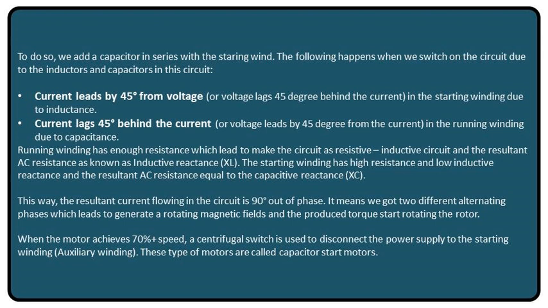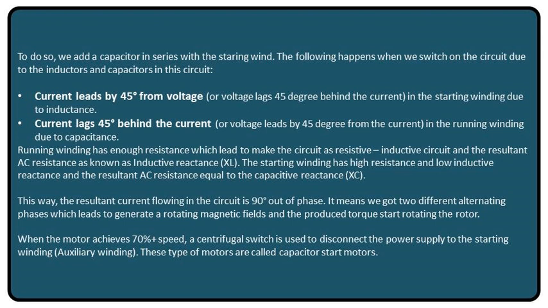The starting winding has high resistance and low inductive reactance, and the resultant AC resistance equals the capacitive reactance XC. This way, the resultant currents flowing in the circuit are 90 degrees out of phase.